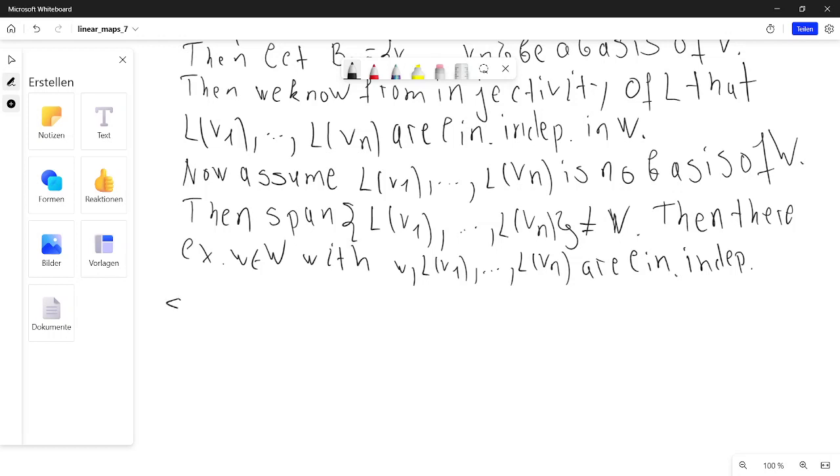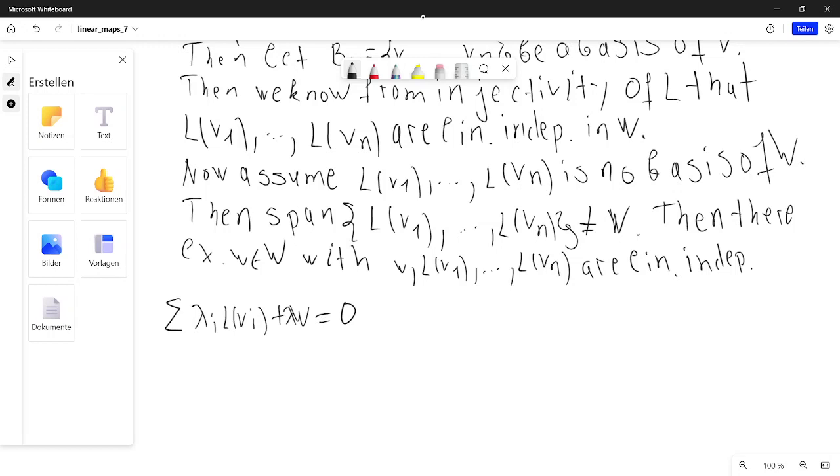The linear independence meant: the sum of lambda i L of Vi plus lambda W equals 0 only for trivial scalars. And we take exactly this W for which that is not true, right?